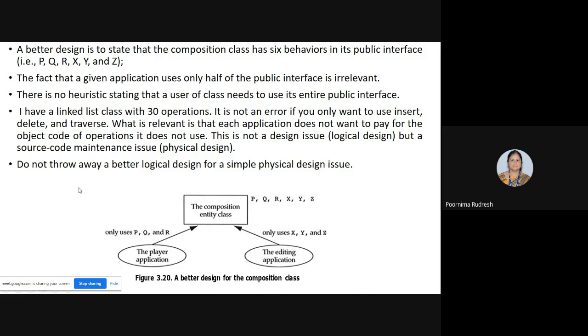And we cannot throw away a better logical design for a simple physical design issue. So here the physical design issue is source code maintenance. But if you consider the logical design, we will see that it is the better logical design. If a better logical design exists, then we cannot simply throw it away for a simple physical design issue.